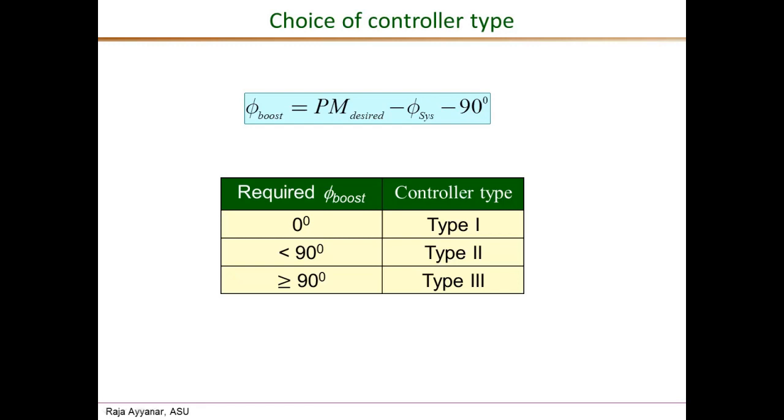But if you require a phase boost that is more than 0 but less than 90 degrees, then type 2 can be used. Type 2 has just one pole zero pair, and the maximum phase boost you can get from a single pole zero pair is 90 degrees. And 2 pole zero pairs in the type 3 controller can give you as high as 180 degrees phase boost. Therefore, if you need phase boost of 90 degrees and above but less than 180 degrees, then type 3 can be used.